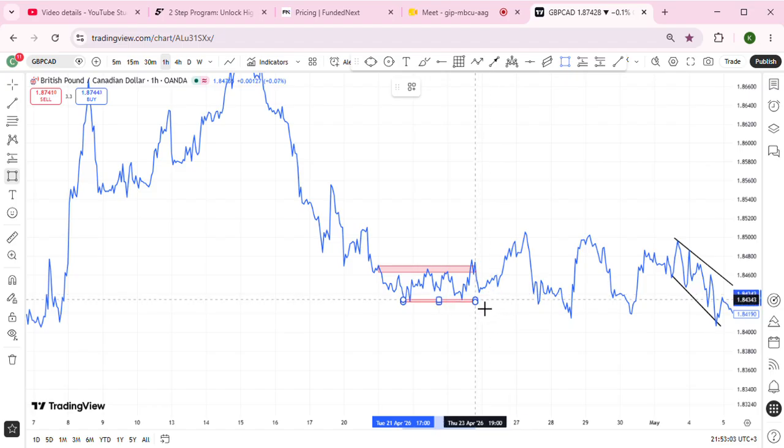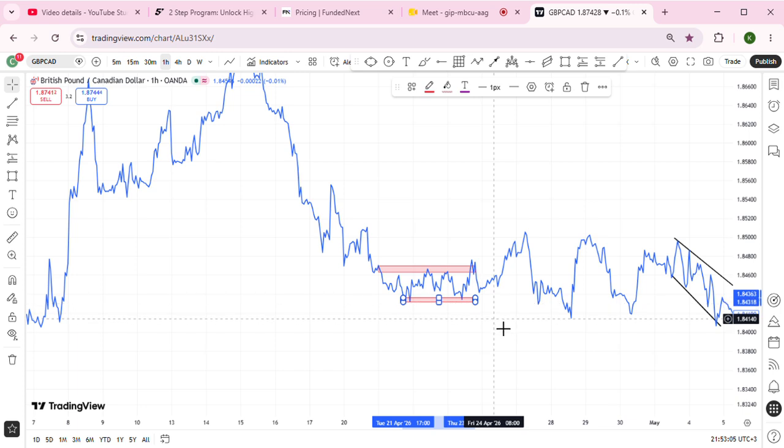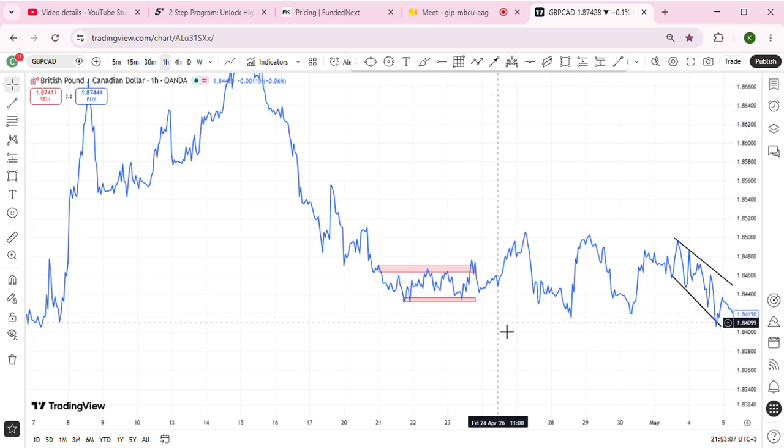I hope you guys can clearly see that these are very clear consolidation. Equal highs, equal lows, equal highs and equal lows. That is how a consolidation looks like.